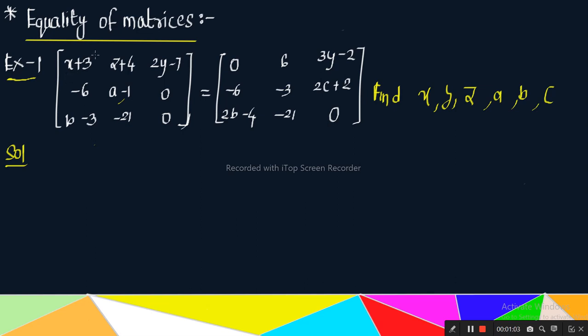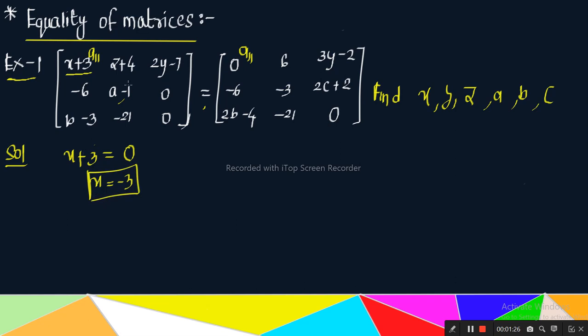Here in place of a11 it is x plus 3. If I write x plus 3 equal to 0, then the x value will be minus 3. Why?